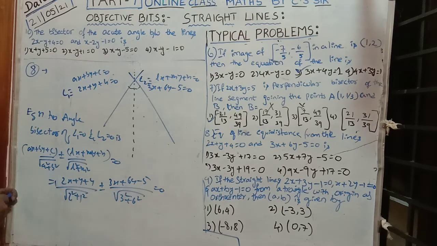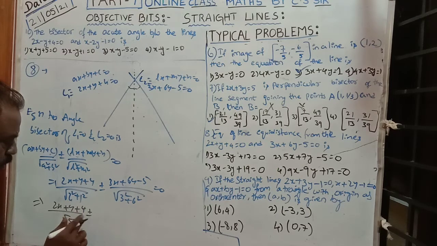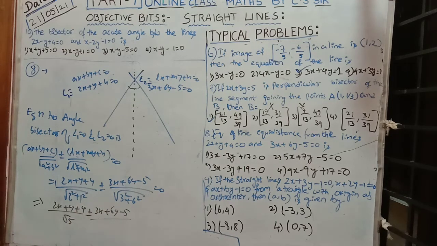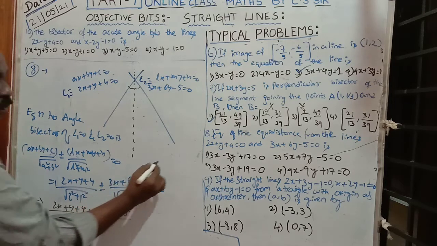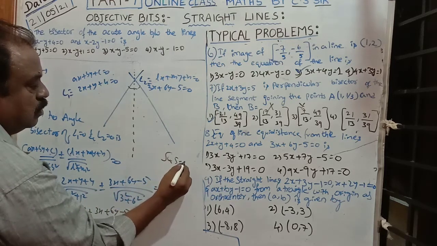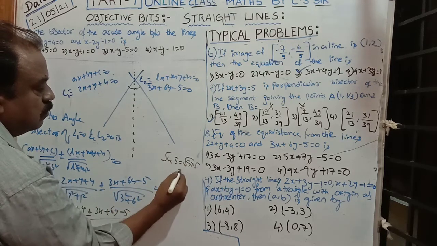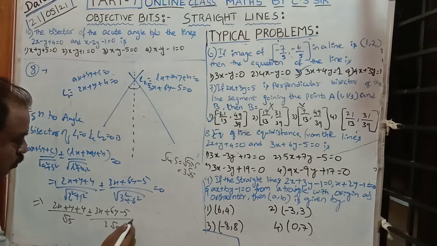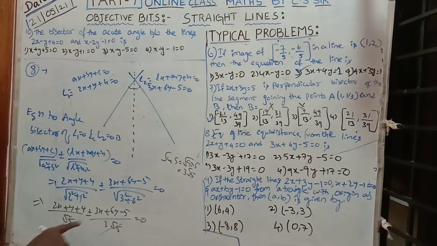Correct? You see, here it is 2x plus y plus 4 by root 5, plus or minus 3x plus 6y minus 5 by root of 9 plus 36, that is 45, root 45. That means root of 9 into 5, that is 3 root 5. So it is 3 root 5 equal to 0. Root 5 cancels.